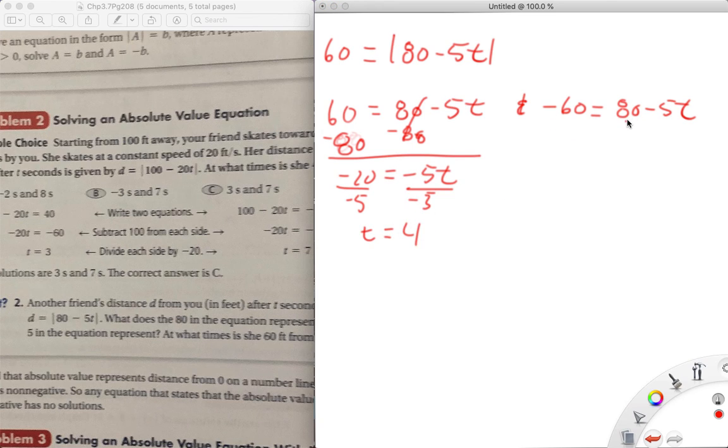On this side, again, I'll subtract 80, and that's negative 140. Equals negative 5t divided by negative 5.